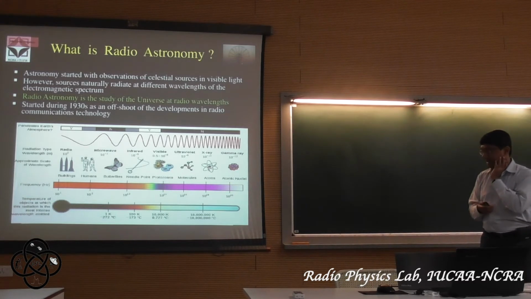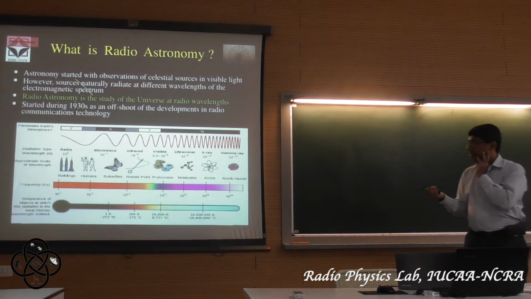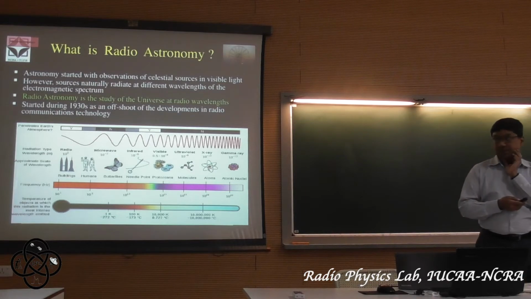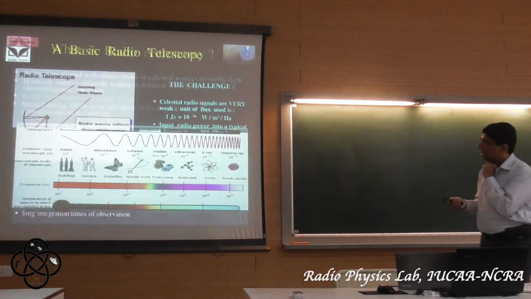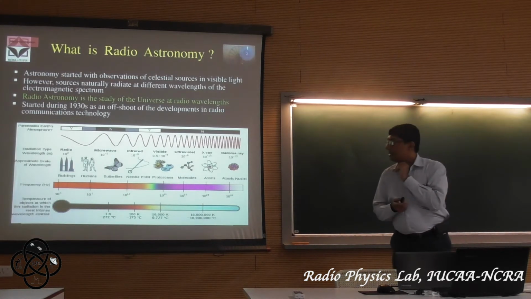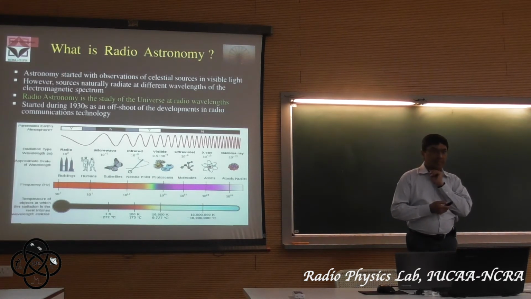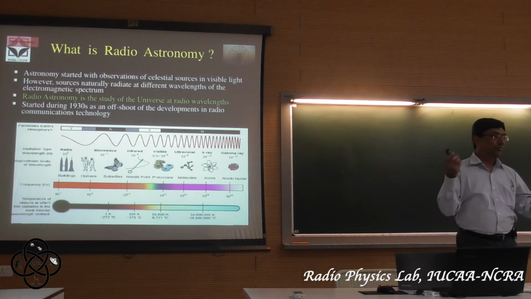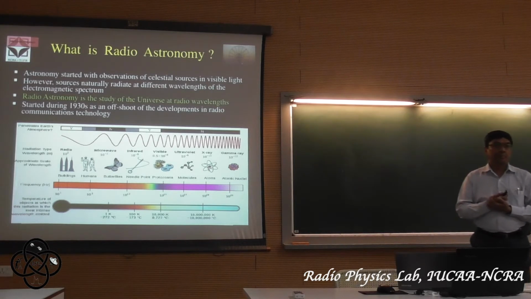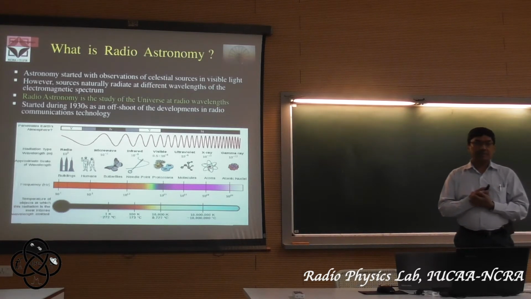That's what a basic detector is, and that came as an offshoot of radio communication technology. In particular, when they built the first transatlantic communication equipment to send radio waves from North America to Europe, they found that the equipment was giving trouble.